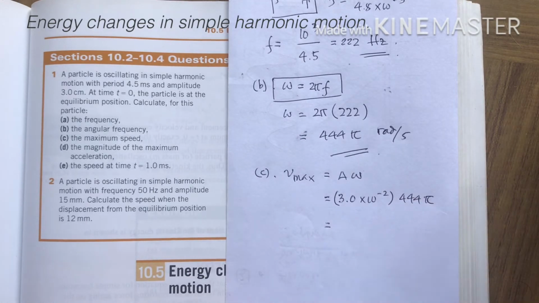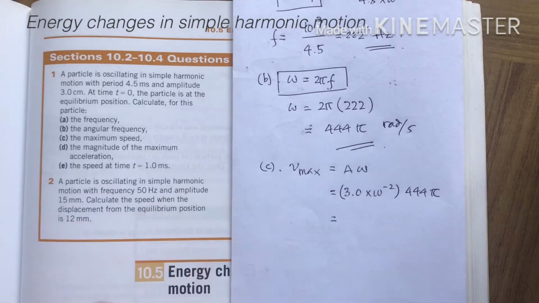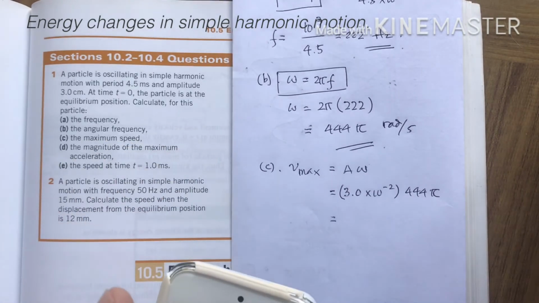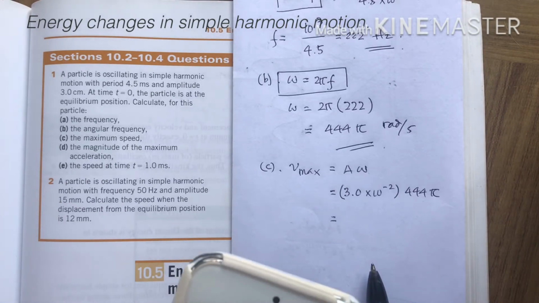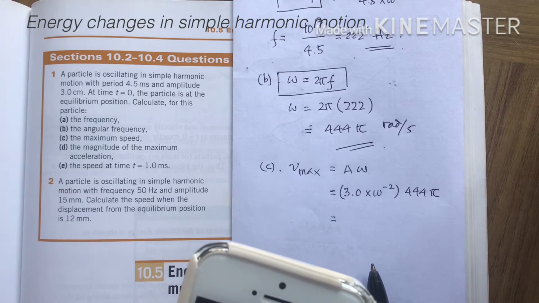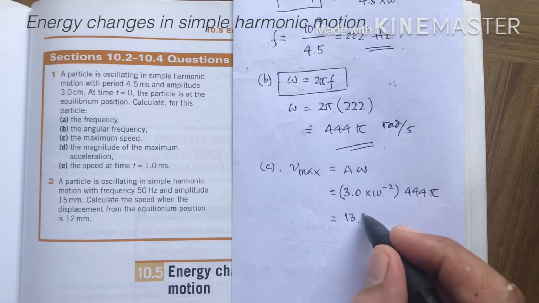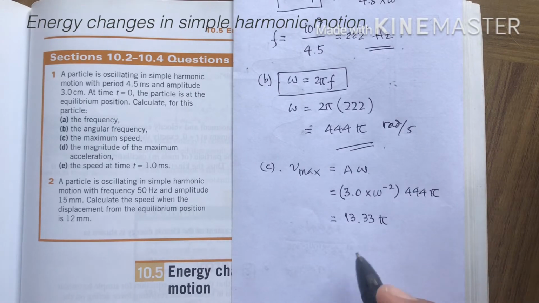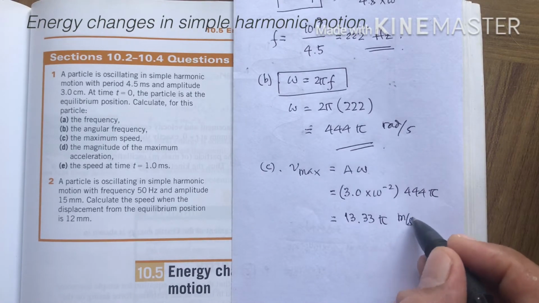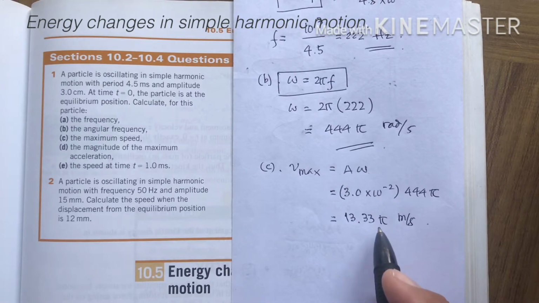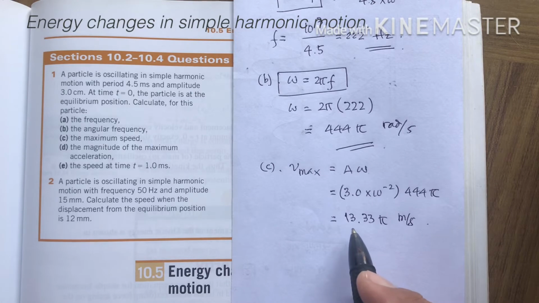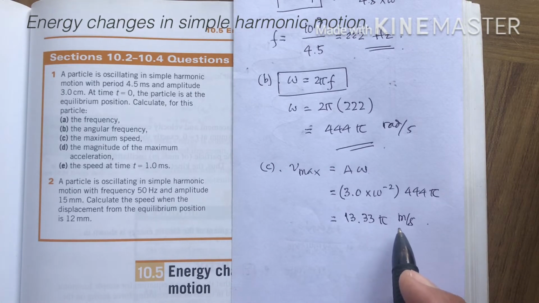We calculate this number, and it is around 13.33 pi meter per second. We can also change pi into 3.14, but in terms of pi it is 13.33 pi meter per second.